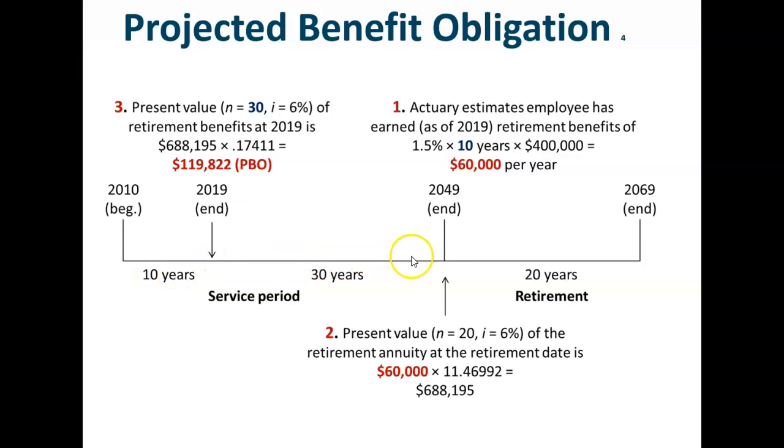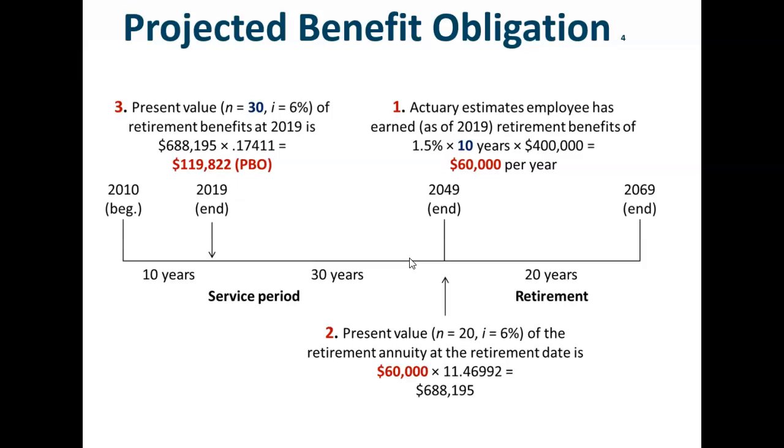That leaves 30 additional years. We're going to look at the present value tables, where N equals 30 years from now to retirement, and I still equals 6%.